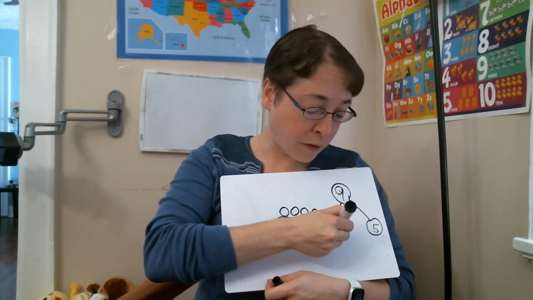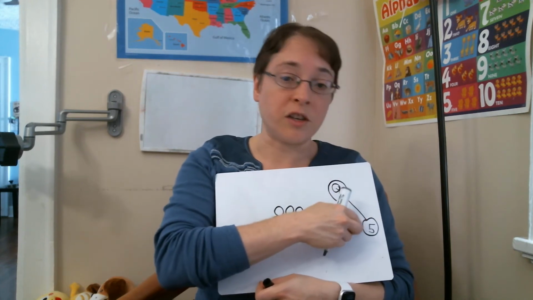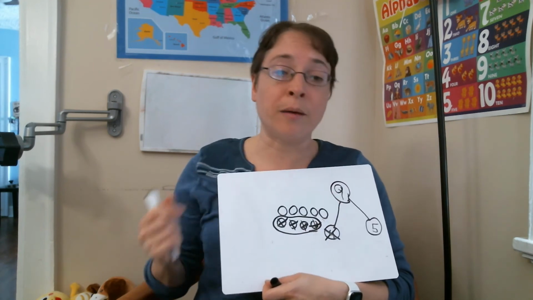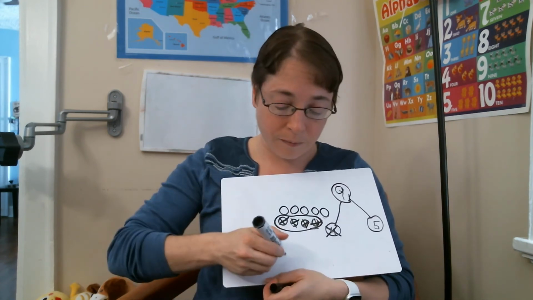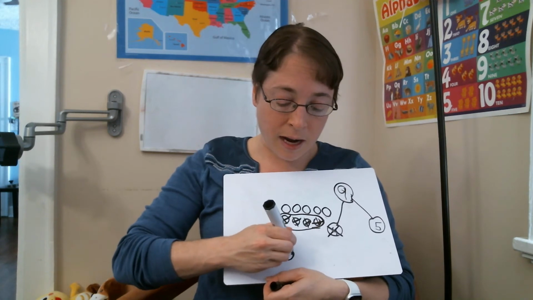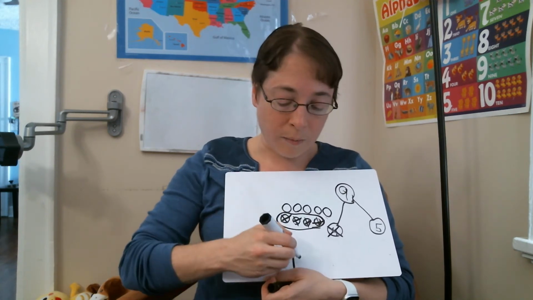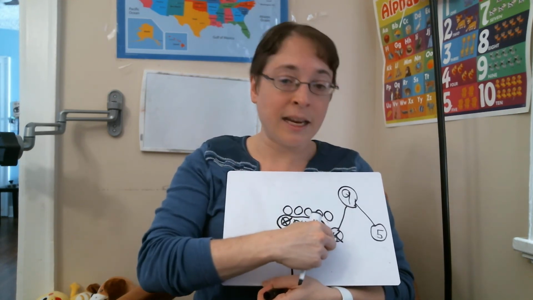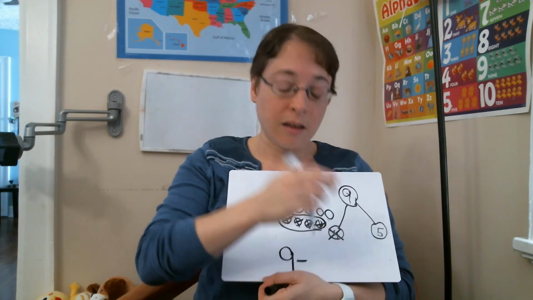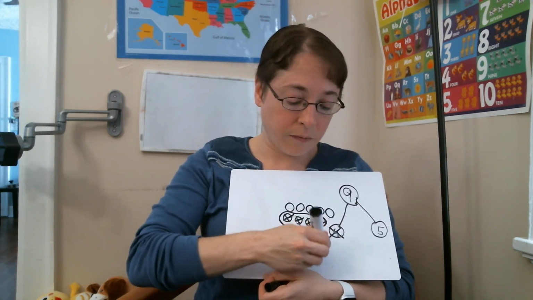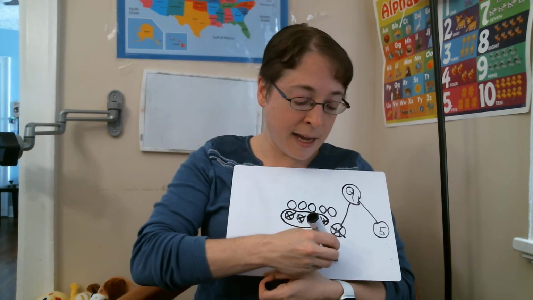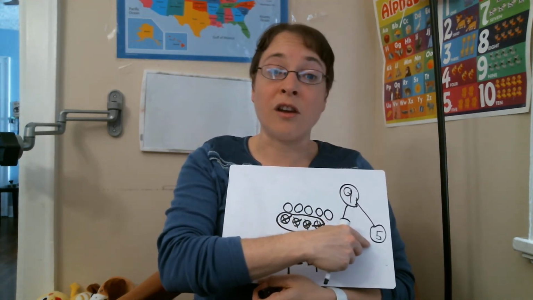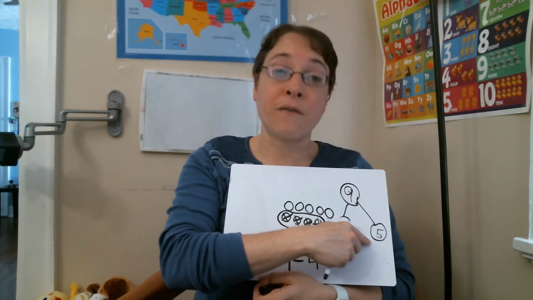We're going to cross out the 4 because we want to know how many are not white. So let's make our number sentence for this problem. Start with the number 9. We make our takeaway sign. How many do we take away? 4. And then we make our equal sign. How many are not white? 5.